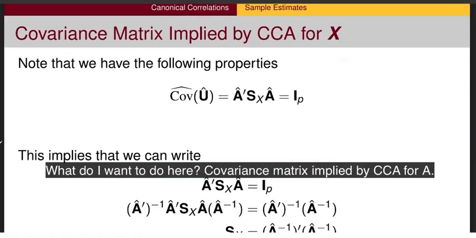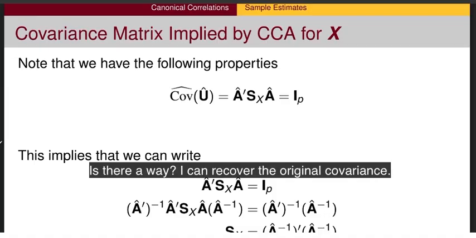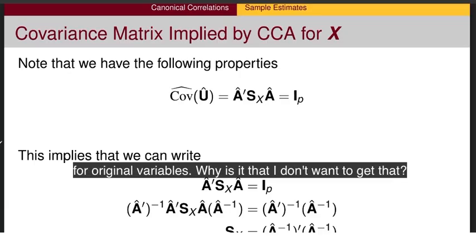What do I want to do here? Covariance matrix implied by CCA for A. I want to explain something here. You know, if I actually have a canonical correlation, is there a way I can recover the original covariance for the original variables?